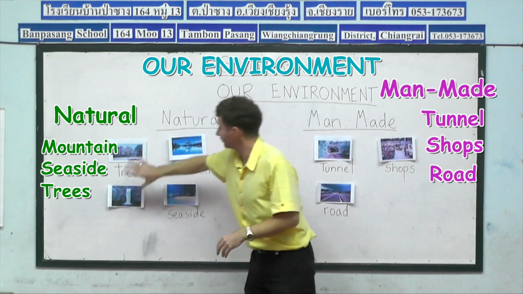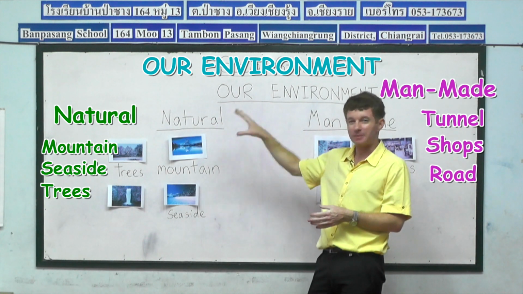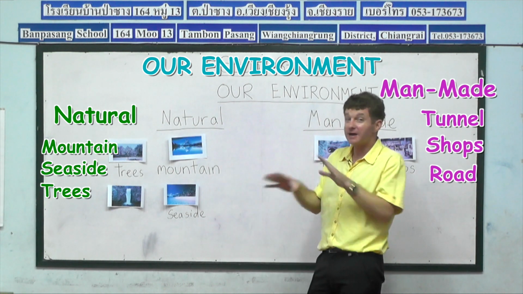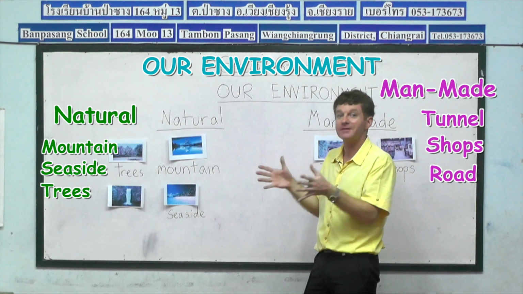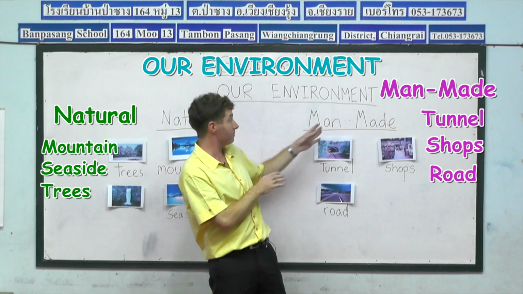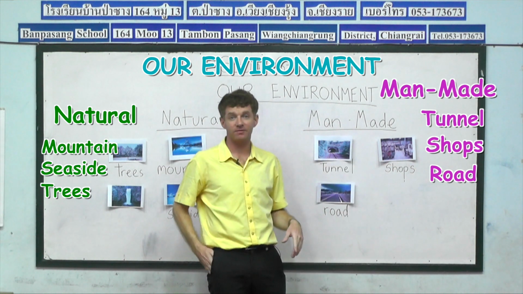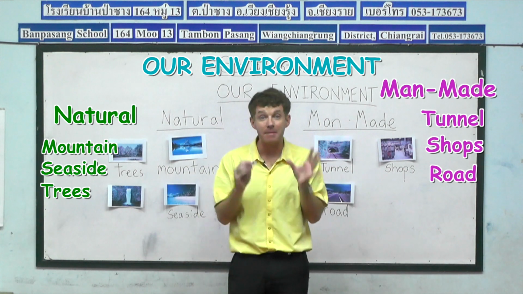Have a look at all of the pictures in the natural section, guys. Nothing there has been built. If it doesn't have to be built, it's already there. It's natural. But looking in the man-made section, everything here had to be built. And that's what we mean by man-made.